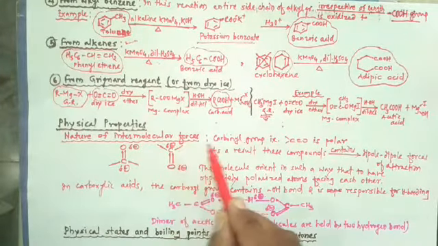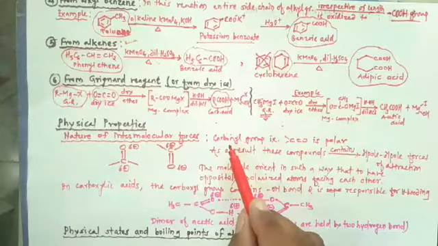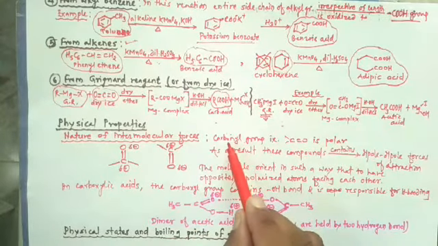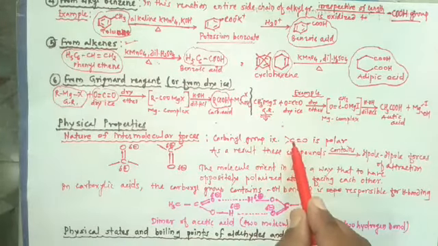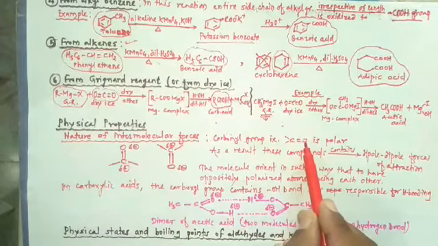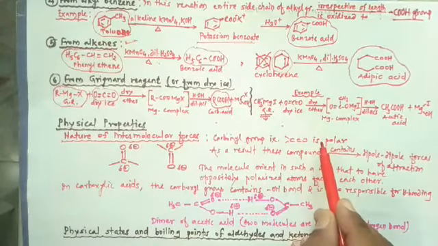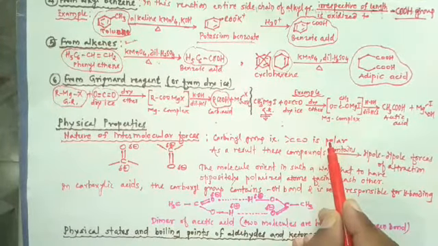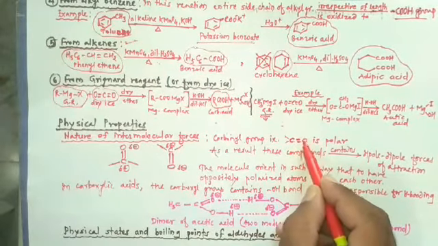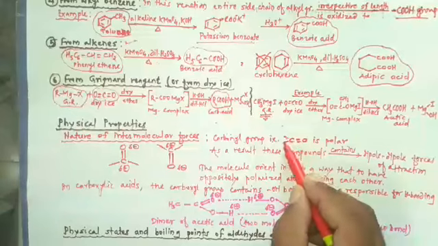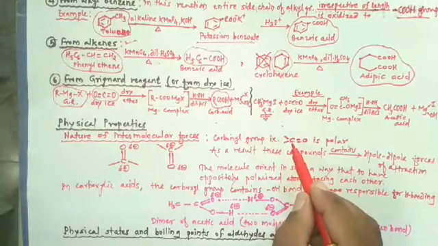So in aldehydes and ketones or carboxylic acid, the carbonyl group is present. The carbonyl group, that is C double bond O, is present, and this carbonyl group is polar. Why is it polar?